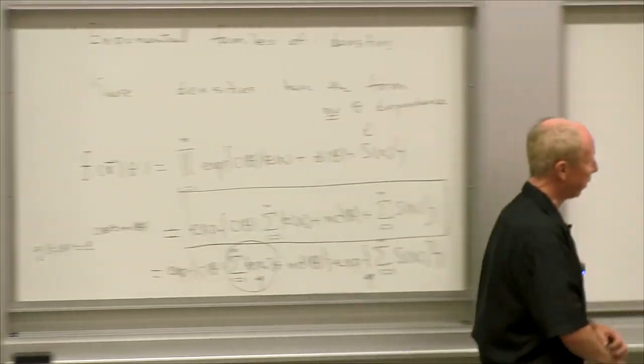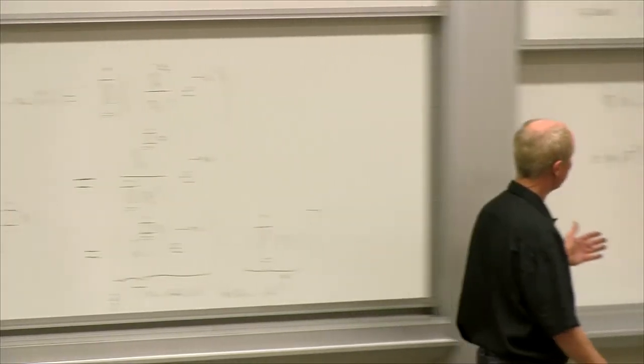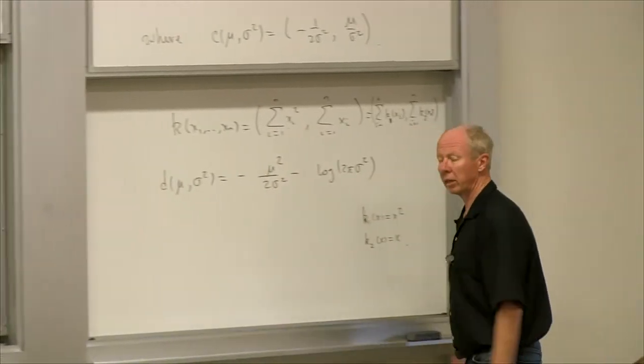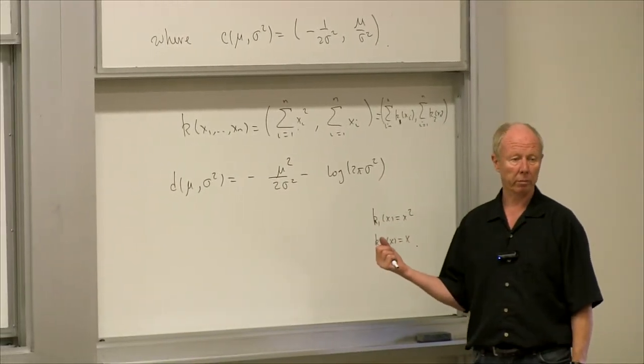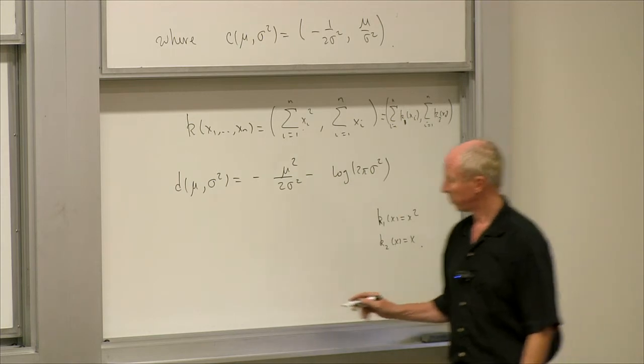So that means that the pair, the sum of the xi squares and the sum of the xi's, are sufficient statistics for sigma squared and mu.